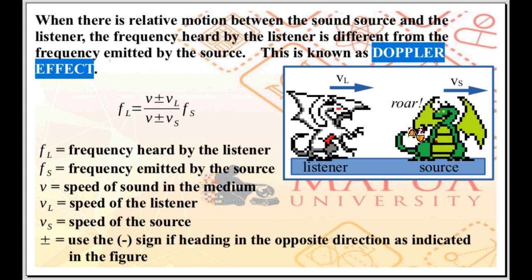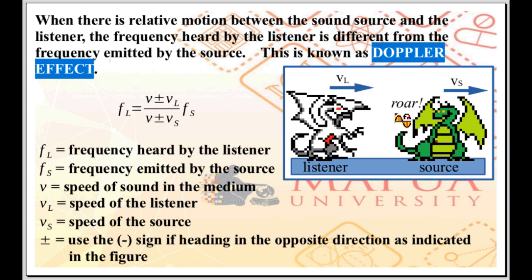Say you have a sound source and a listener. The sound source is on the right, the listener is on the left. The sound source is moving to the right at speed Vs, and the listener is moving to the right at speed Vl. The source produces a sound.